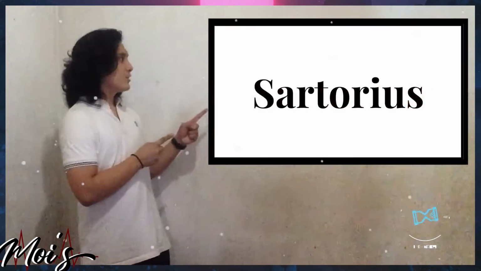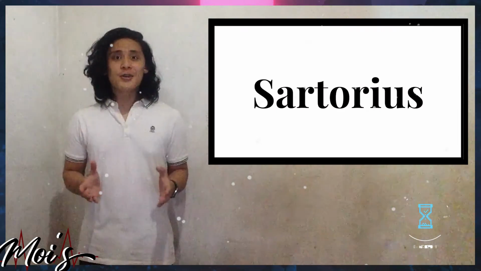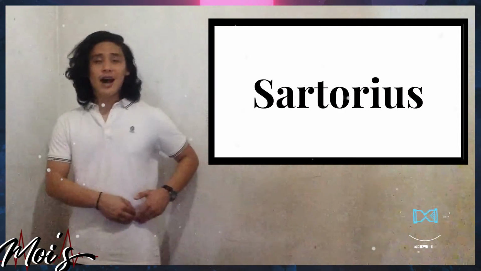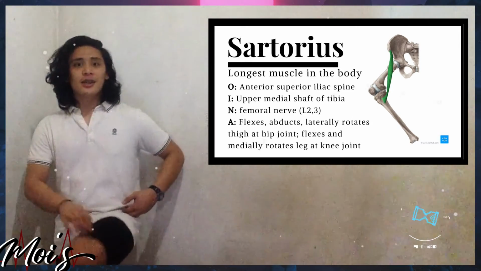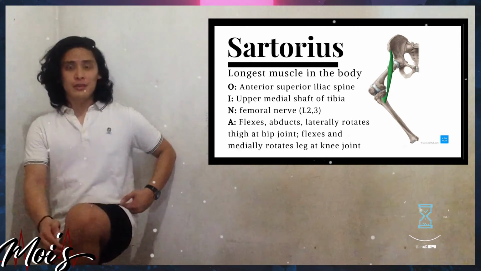So first, let's tackle the anterior compartment of the thigh. Let's start with the longest muscle in our body, which is your Sartorius. Our Sartorius originates at our ASIS, or anterior superior iliac spine, and inserts to the upper medial shaft of our tibia.